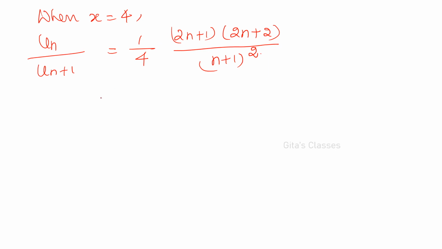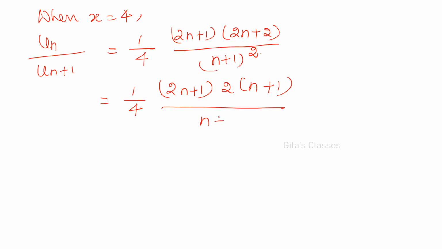So 1 by 4 into 2n plus 1 into, I am taking this 2 outside, so n plus 1 divided by n plus 1 the whole square. So 2 and here 1 2 will get cancelled. Here n plus 1 and this n plus 1 will get cancelled. So this will become 2n plus 1 divided by 2 into n plus 1. Right? This is our un by un plus 1.